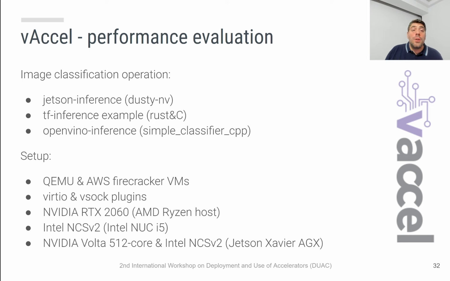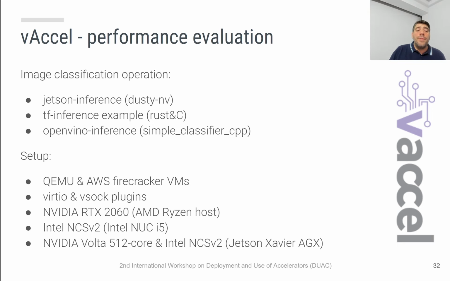A short performance evaluation regarding the image classification operation. We've run an experiment using Jetson Inference, a TensorFlow program that does image inference written in Rust and C, and an OpenVINO inference example from the samples of OpenVINO written in OpenCL. The setup is QEMU and AWS Firecracker VMs.